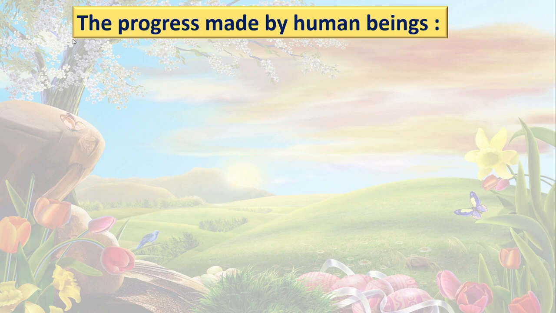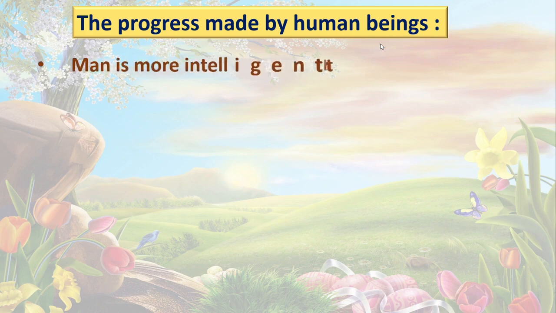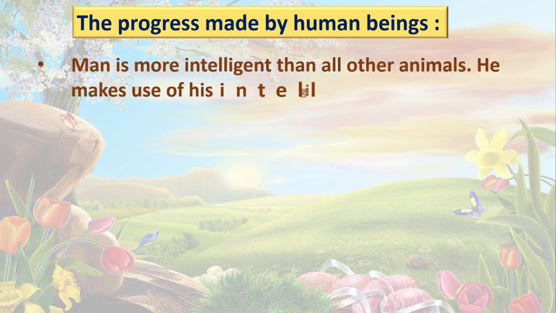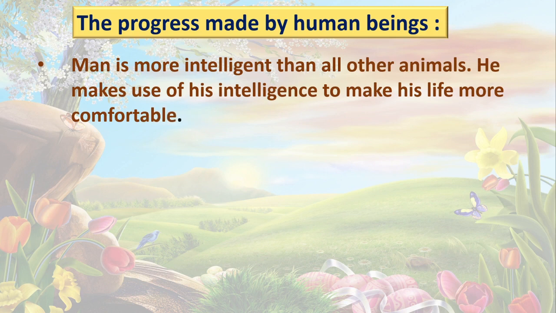Now, dear children, this we know, the progress made by human beings. Now, here we can say man is more intelligent than all other animals. Yes, in the environment we can see so many living beings.